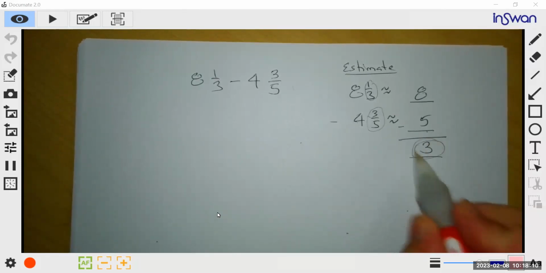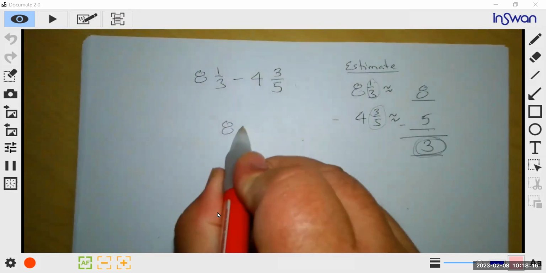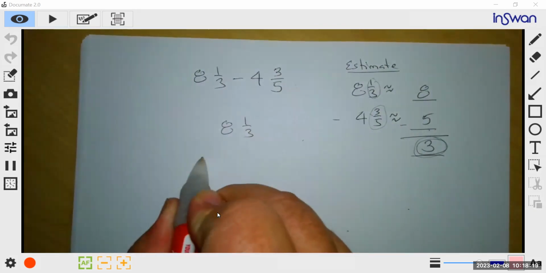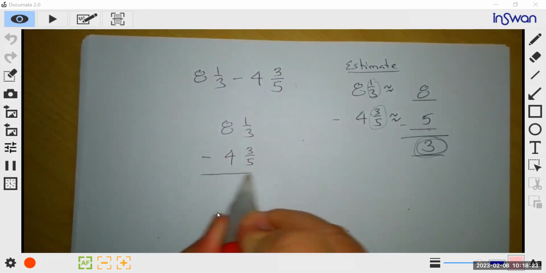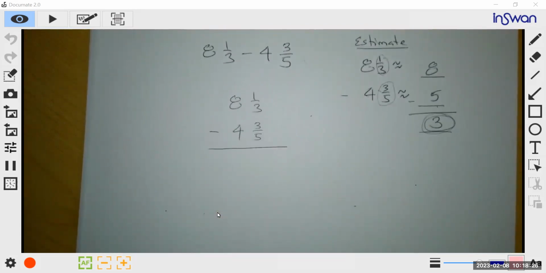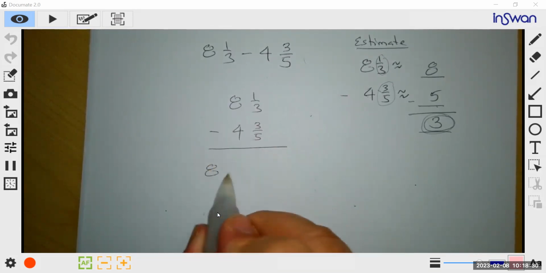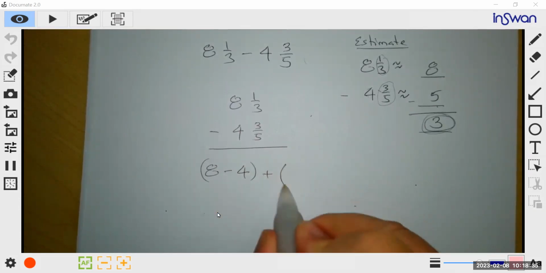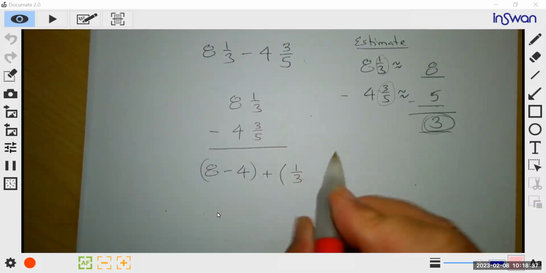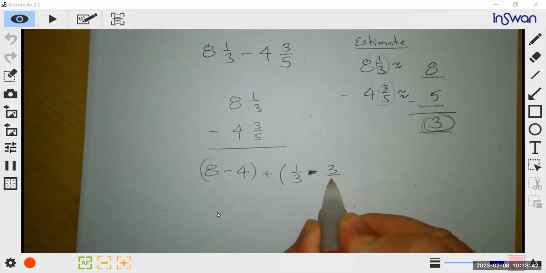There's our estimate. Eight minus 4, 1/3 minus 3/5.